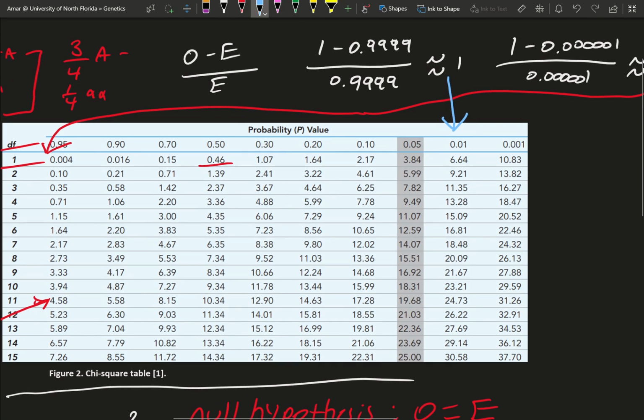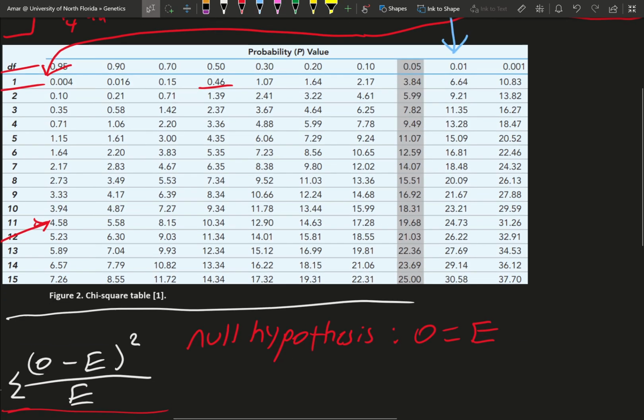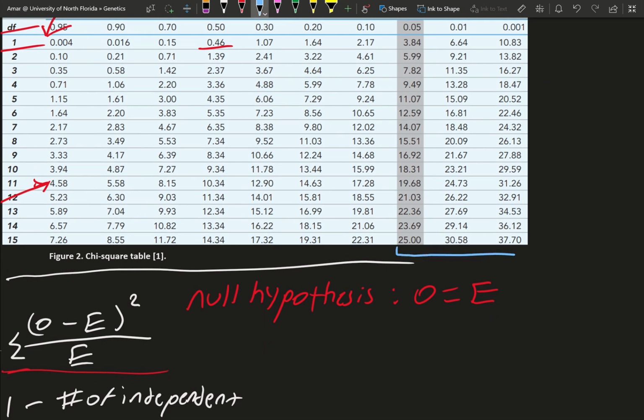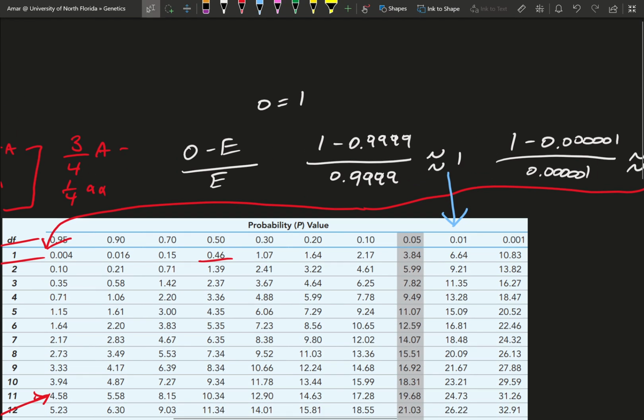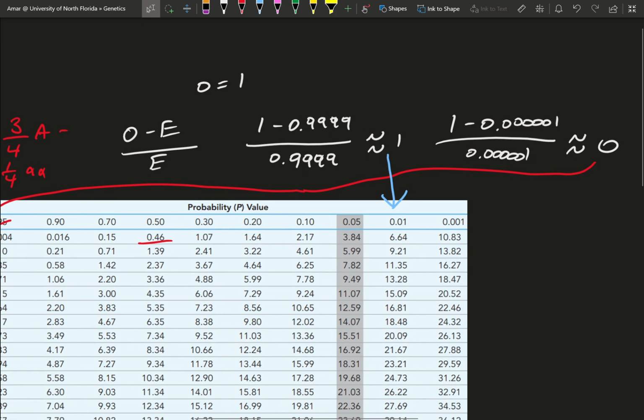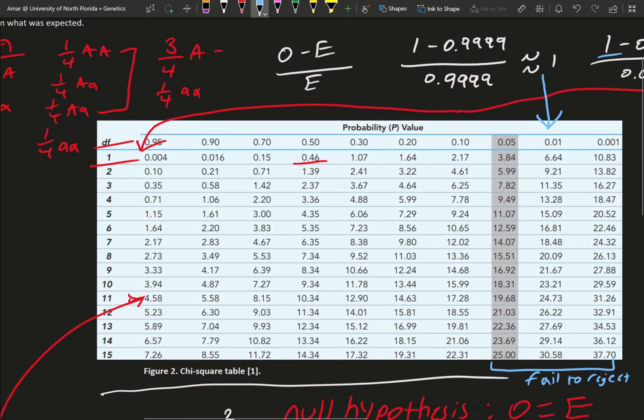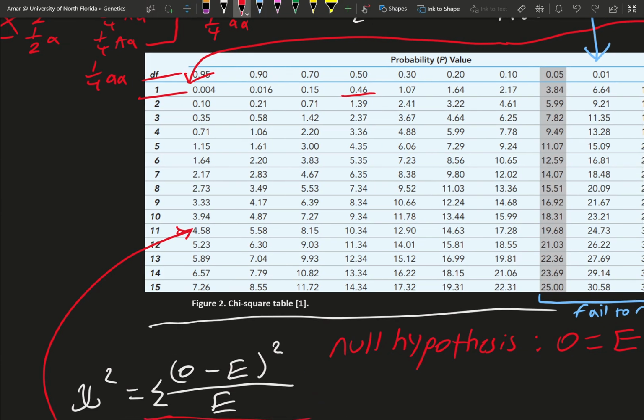In other words, if you're on the right side of the table right here, you're considered fail to reject. And if you're on the left side of the table, because we're saying that the observed is not equal to the expected, anything in this section is considered rejecting the null hypothesis.